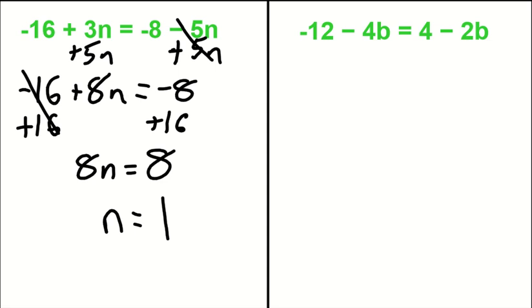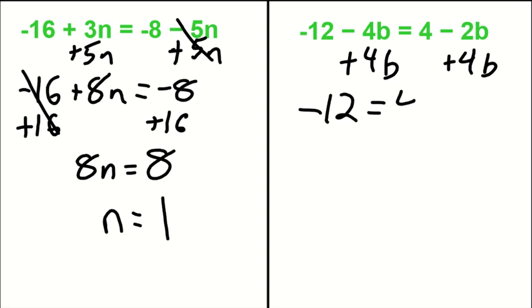All right, so we got minus 4b and a minus 2b. Which one of those is lower? The minus 4 is lower. Think of number lines. Lower is further to the left. The bigger negatives are the lower ones. So if we move our 4b, we got minus 12 equals 4 plus 2b.